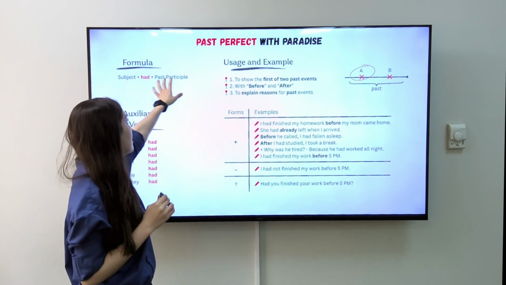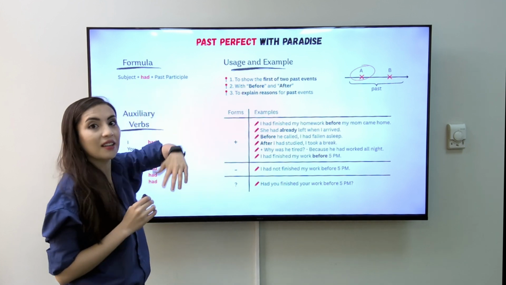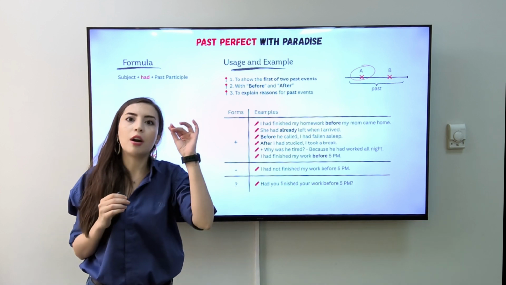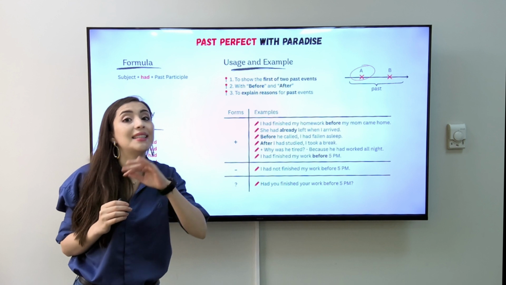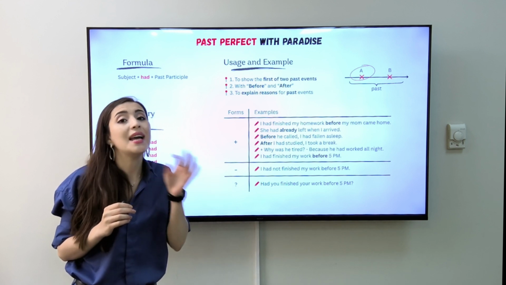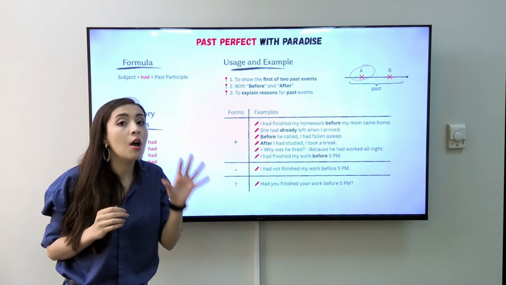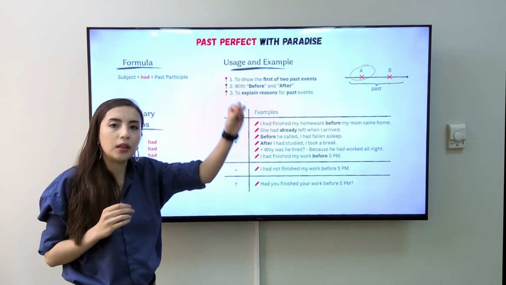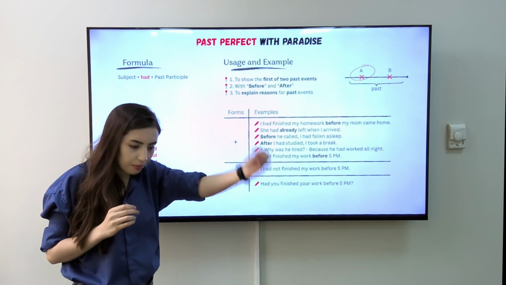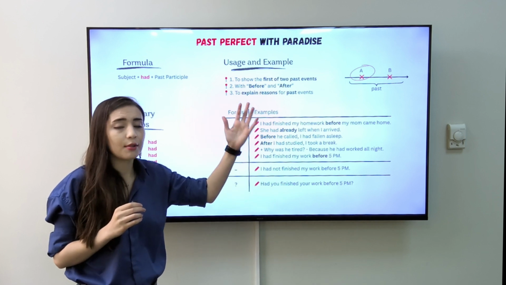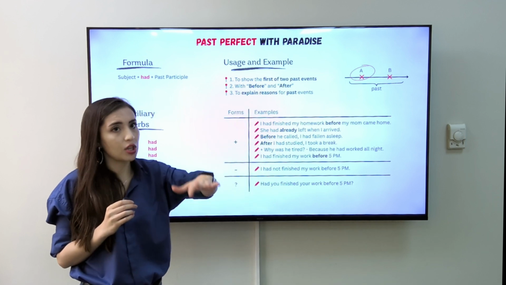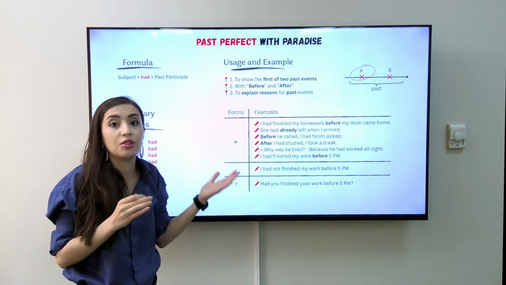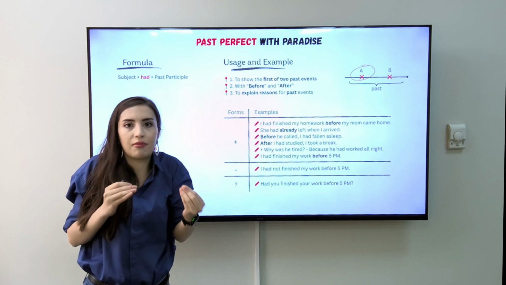The main verb is the verb that is turned into the past participle form. The auxiliary verb is not the action, not the main verb, but we use it in sentences to help that main verb. In those cases, it was for negatives and questions. But in this case, for past perfect, it's a part of the structure of perfect.